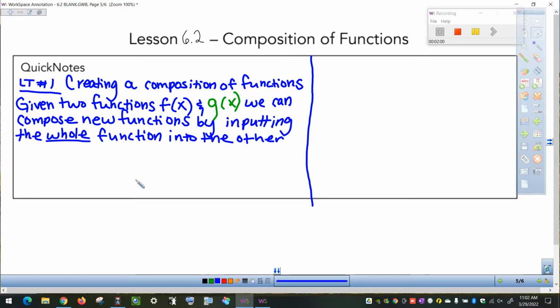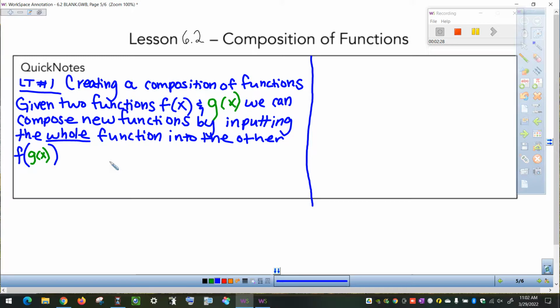So with our two functions, there's actually two ways that this can look, because we can go two directions as far as which one gets plugged into the other. And so one option is called f of g of x.